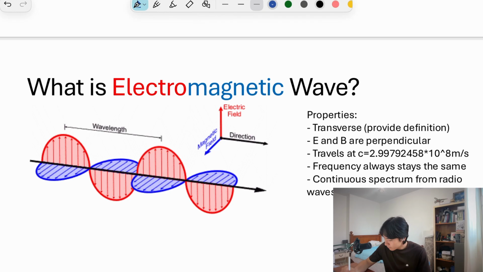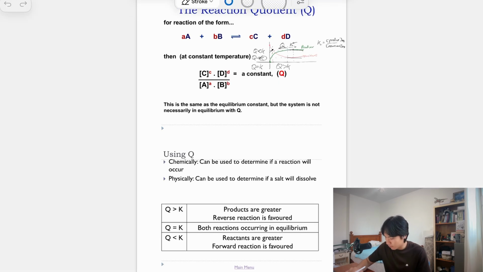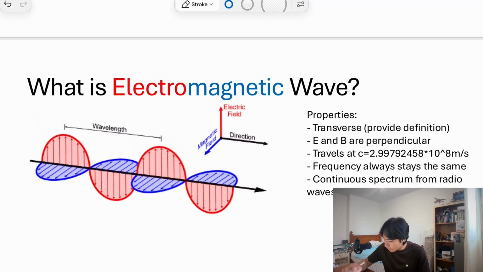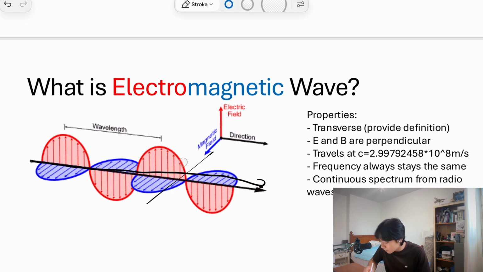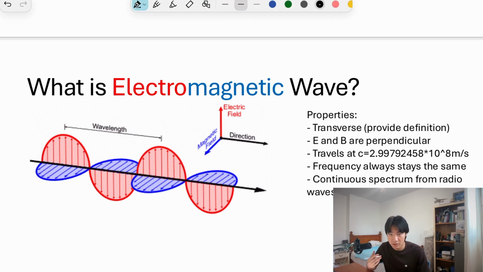The electromagnetic wave is traveling this way, whereas the electric field and the magnetic field are directly perpendicular to the direction of travel, meaning it's a transverse wave.